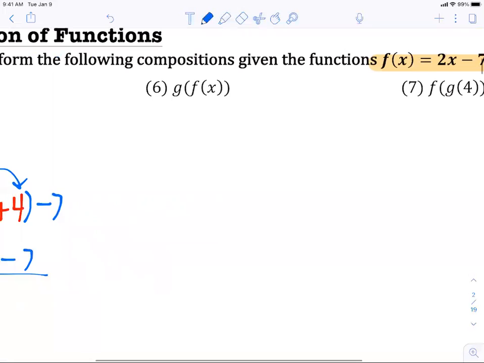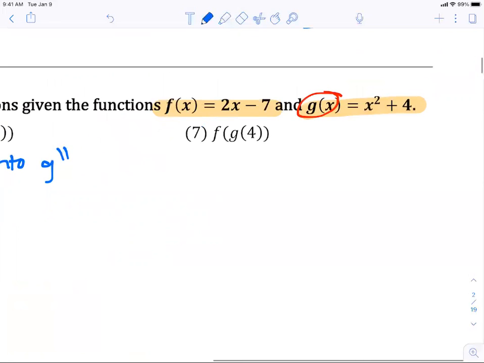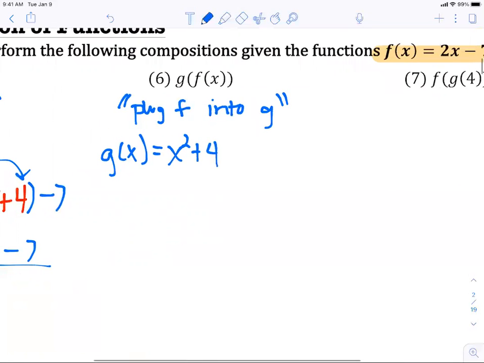Now, if we switch things up, it just means the exact opposite. So g of f of x literally means we're going to do the opposite. It means we're going to plug f into g. So my g function is equal to x squared plus 4, and I'm just getting that from over here. I just don't want to keep scrolling.